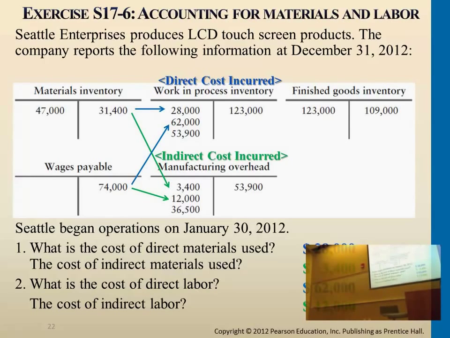Yeah, I got a question. Sure. Why on the work in process inventory is the left side balance not equal to the right? Because this is an example where only a portion of these raw materials turns into finished goods. Right, I understand that. So we have beginning work in process for next period.